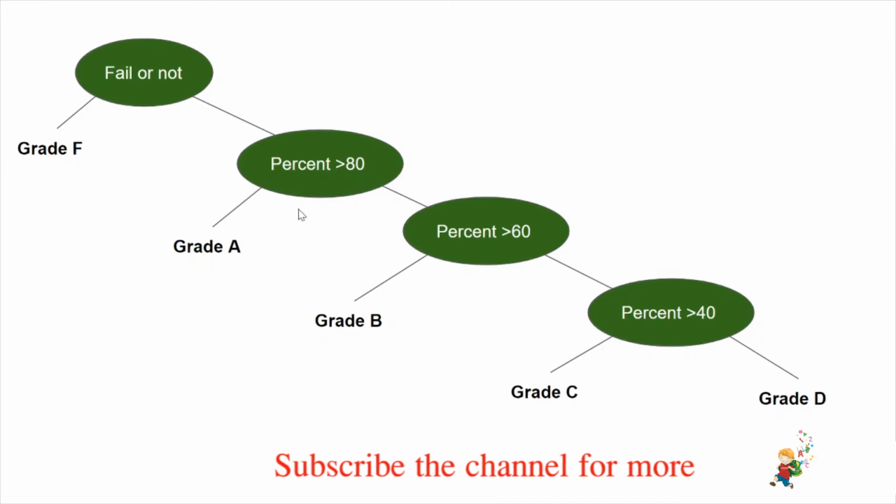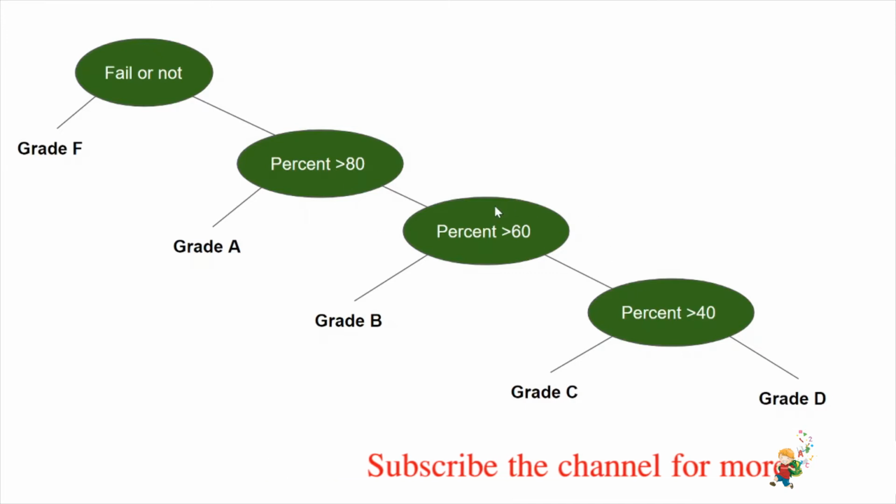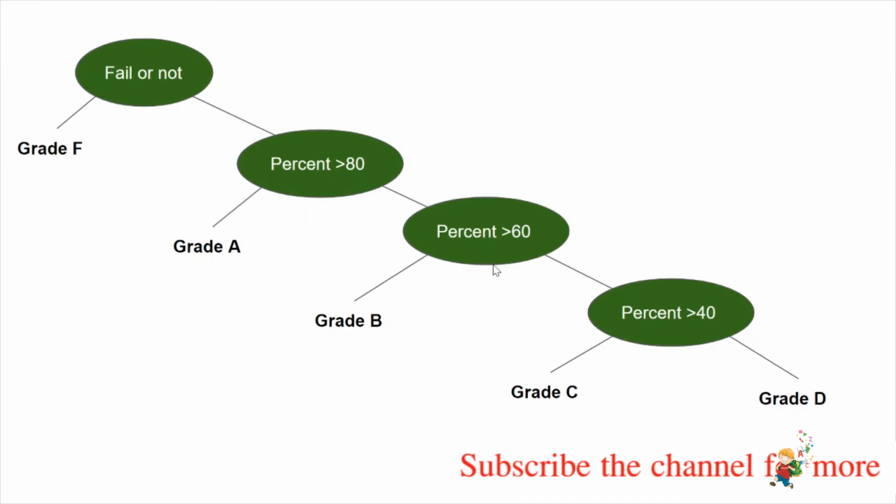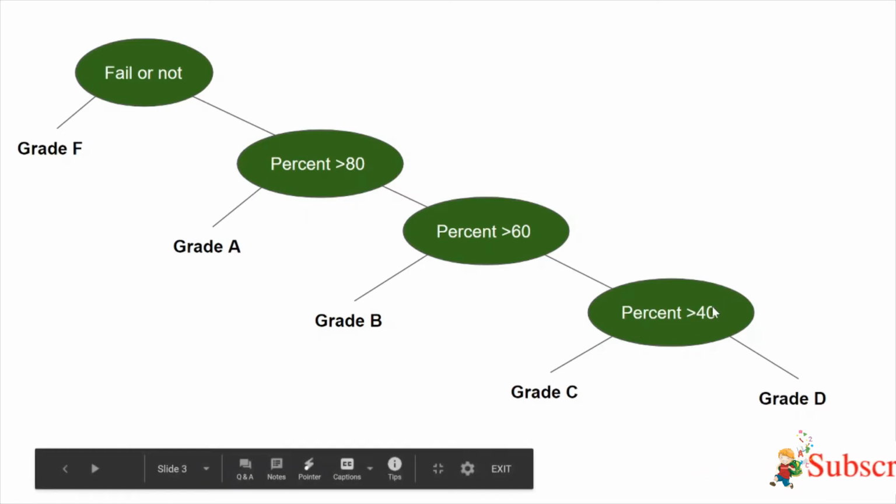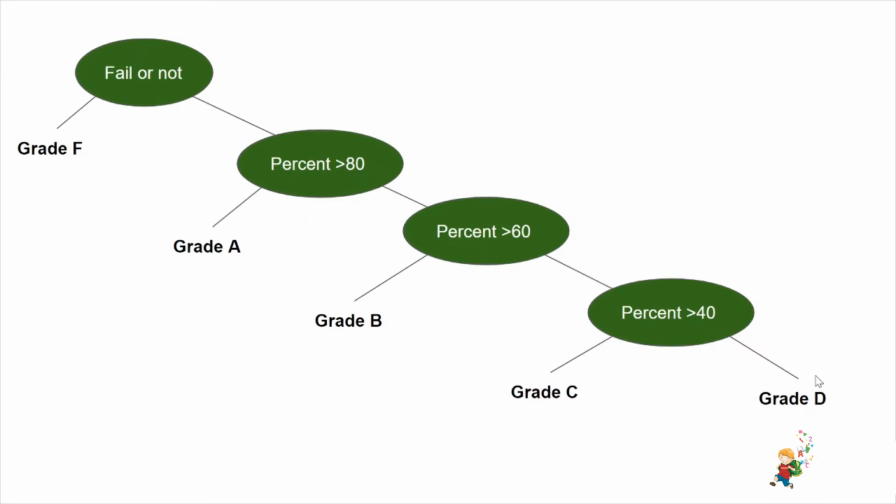If not, then we will check again if the percentage is greater than 60. If it is, then we will give B grade. If not, then again we will check if the percentage is greater than 40 or not. If yes, then C grade, else we will give D grade. So this will be our criteria for the grading system.